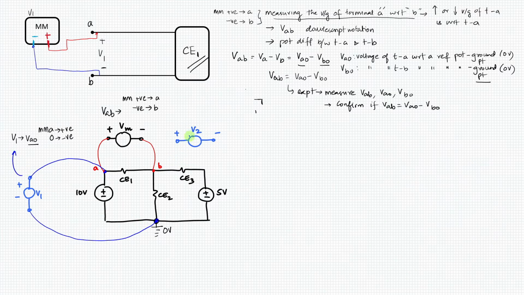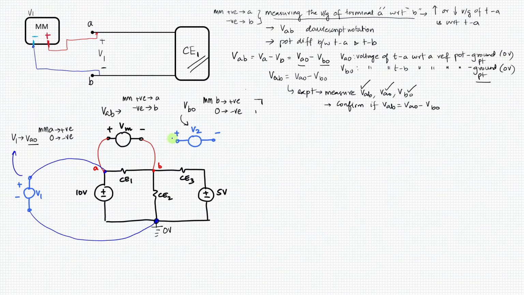And finally, we have to measure the voltage VB0. We have calculated VAB and VA0, and finally we have to find VB0. We will use voltmeter 2 to find the value of VB0. VB0 means B is going to be measured with respect to 0 volt. So the multimeter connection will be: B connected to positive and 0 connected to negative.